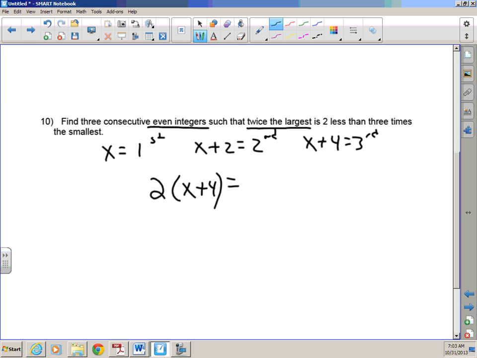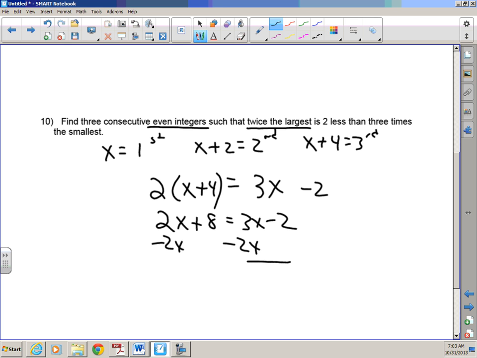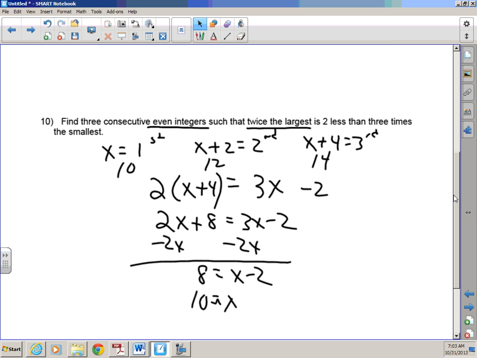Is it equal? 2 less than means you're going to subtract 2, 3 times the smallest. Okay? So, x is 10. So I get 10, 12, and 14. Okay?